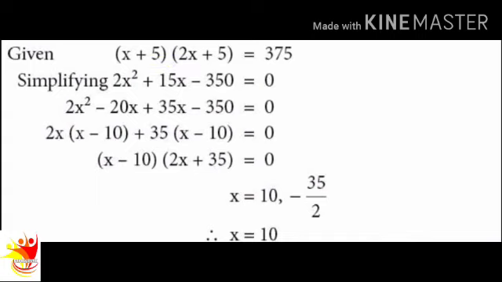Now simplifying x plus 5 into 2x plus 5, we get 2x square plus 15x minus 350 equal to 0.